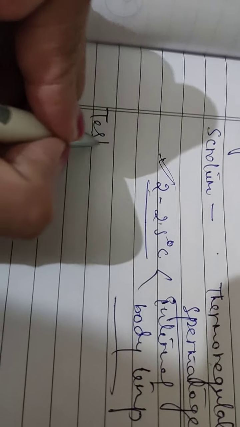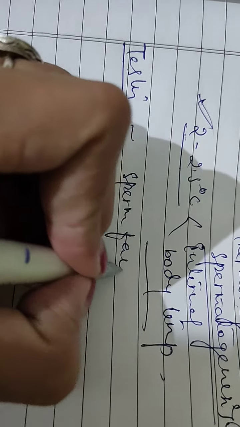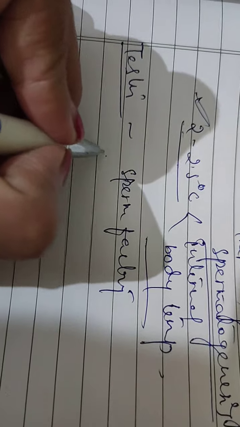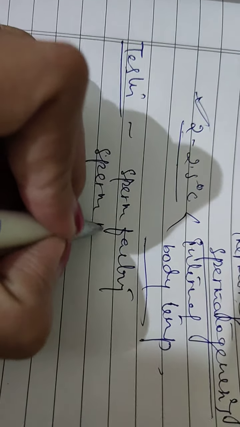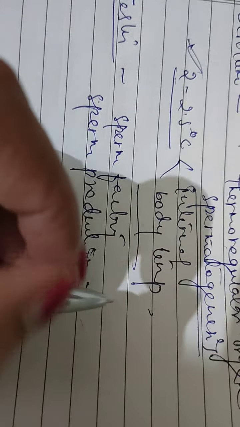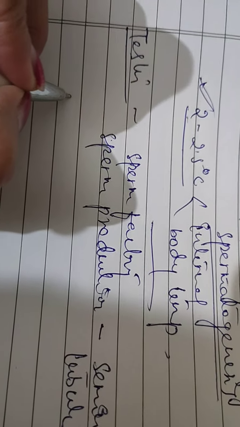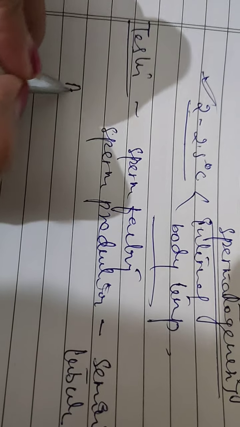Next is testis. So here sperm production occurs. This is also called the sperm factory. Sperm production occurs where? In seminiferous tubules, and also it is responsible for secretion of androgens.